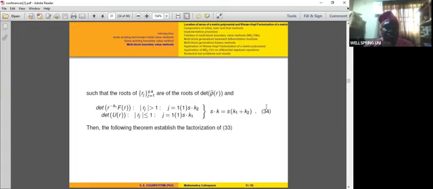And when we take the determinant of U, we are expected to have all the roots inside the unit circle.